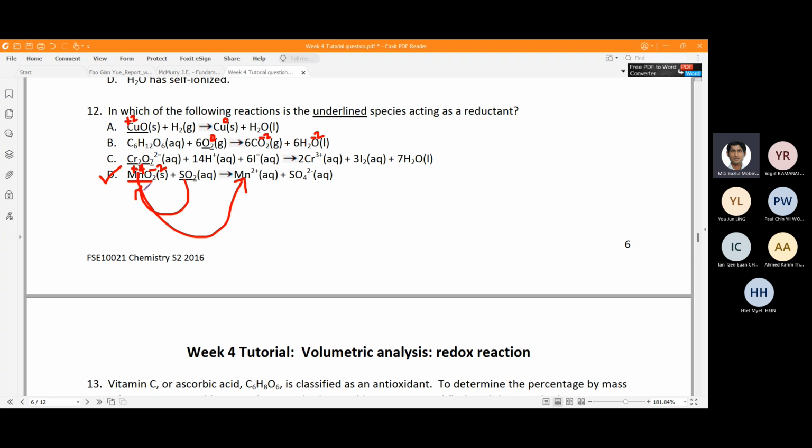So sulfur dioxide is acting as a reductant here. And sulfur oxidation state increases, while the oxygen numbers change. That is why it is a reductant, which has reduced manganese and oxidized itself. Sulfur becomes oxidized.